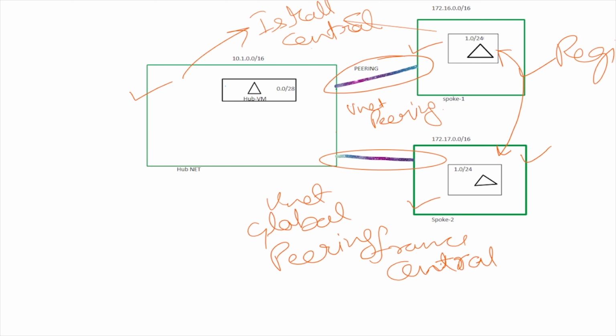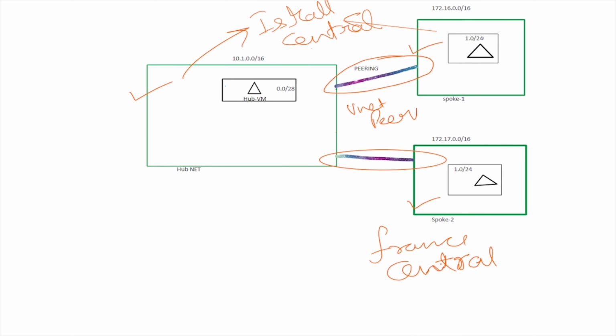So like we can see here, hub and spoke one, hub and spoke two are paired with each other, and the address spaces assigned on the hub VNet are 10.1.0.0 and 10.172.16, and 172.17 in spoke two.